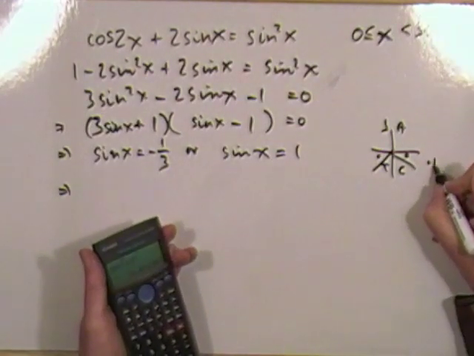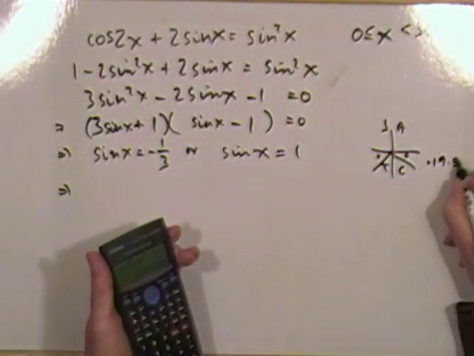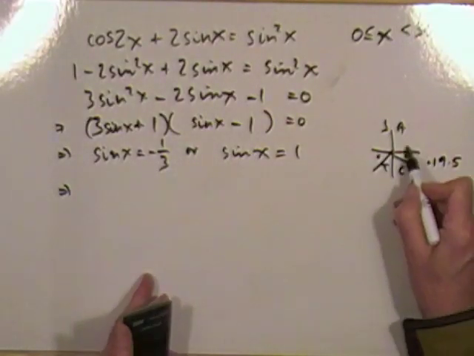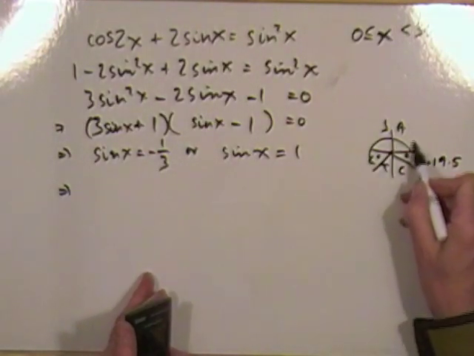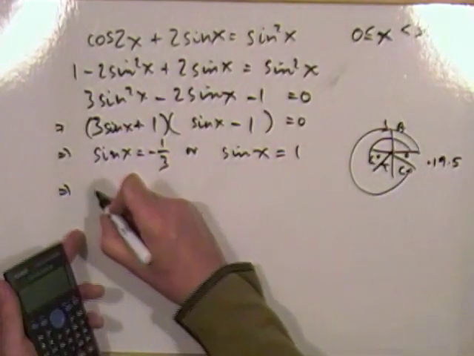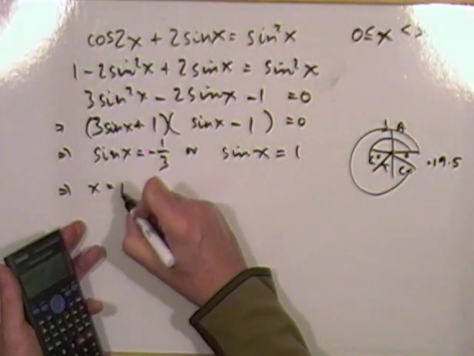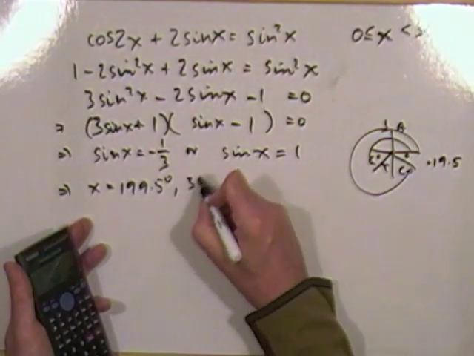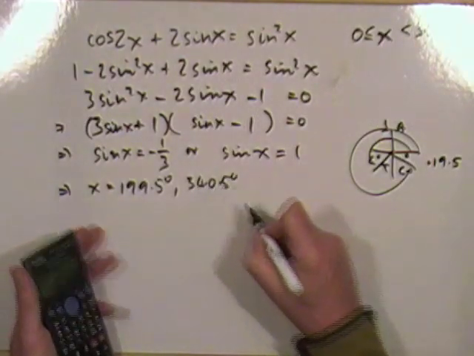That gives me an acute angle of 19.47, call that 19.5. So it's 19.5 in either of those positions. So it'll be 180 plus 19.5, and all the way around will be 360 minus 19.5. So that means x will be the 180 plus it, 199.5, or the 360 minus it, 340.5.